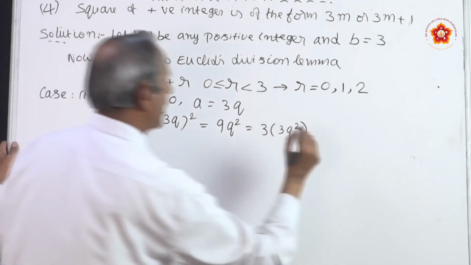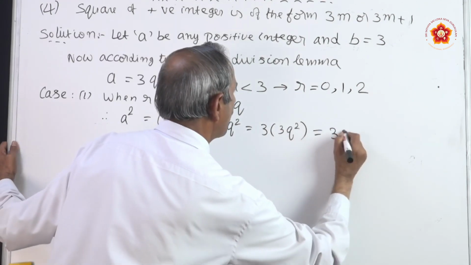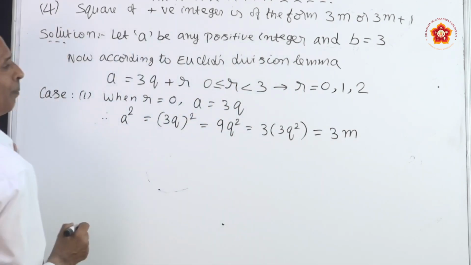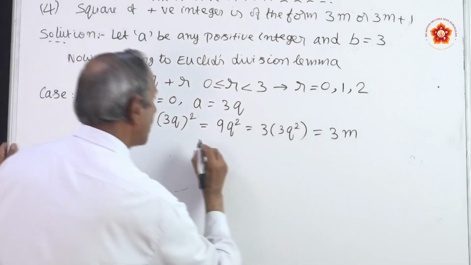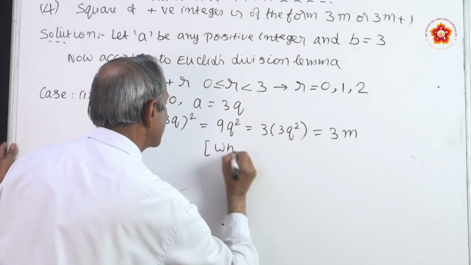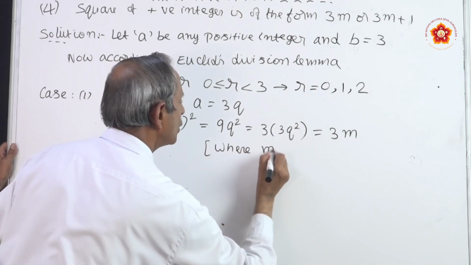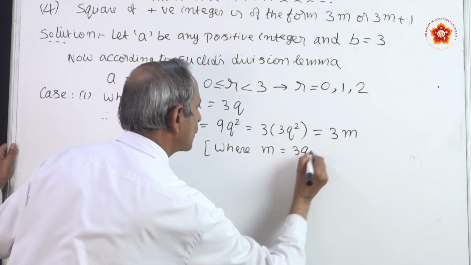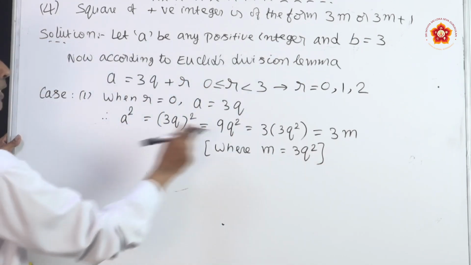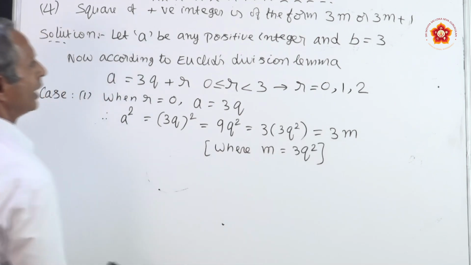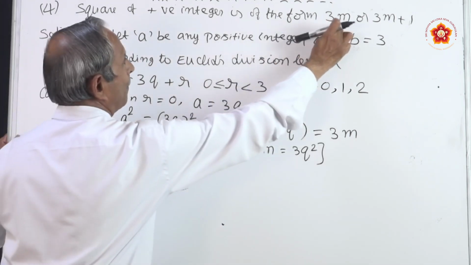Now, it can be written as 3 into m, because you have to show that it is in the form of 3m. Where m is equal to 3q square. Now, we substitute 3q square instead of m. Therefore, you will get a square is equal to 3m. Therefore, it is in the form of 3m.